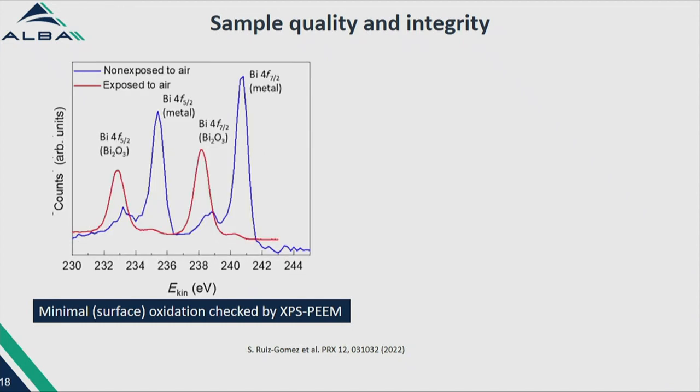For comparison, this red spectrum is the bismuth 4f core level of a sample that has come directly from air, so it has the natural surface oxidation.